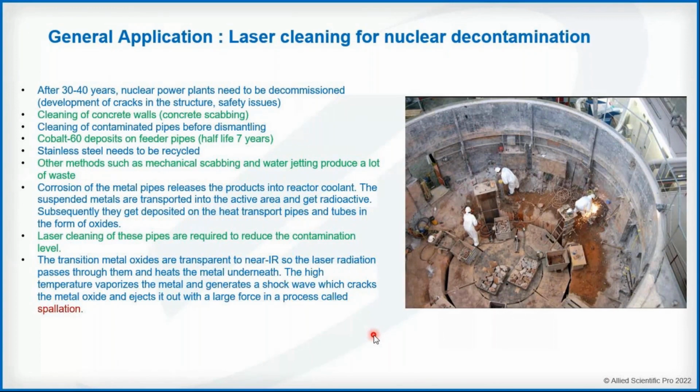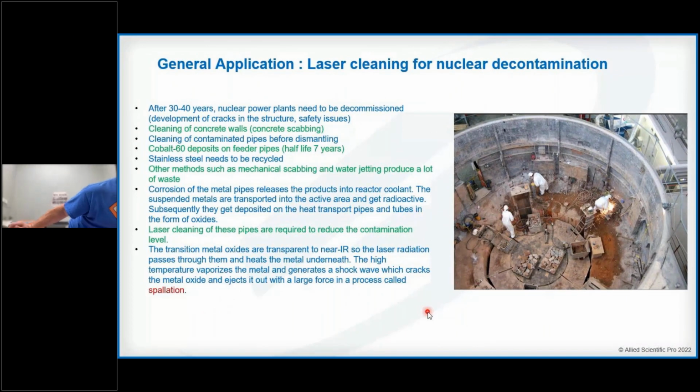But the problem is that every 30 to 40 years, these nuclear reactors develop a crack in their structure and they need to be dismantled. Because the walls are radioactive and the tools inside are radioactive, they need to be cleaned. You just cannot throw them out. Normally the cobalt 60 is deposited on the feeder pipes.